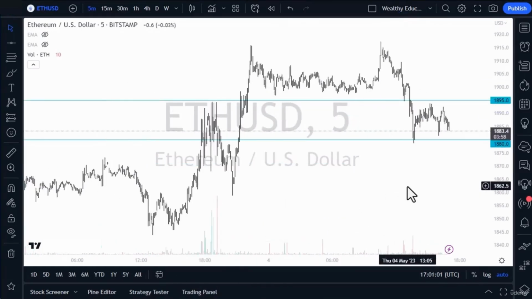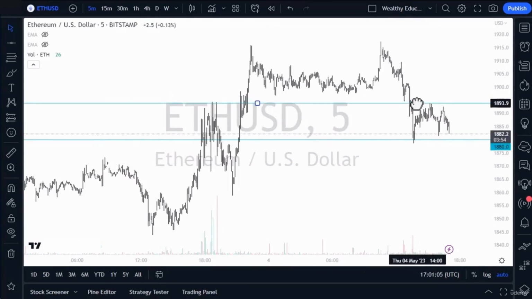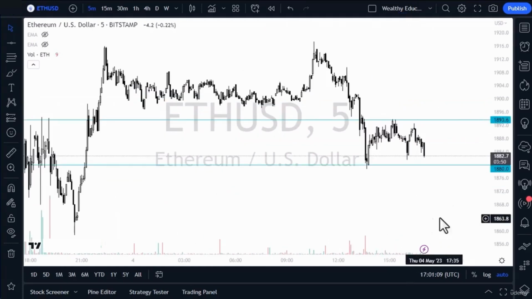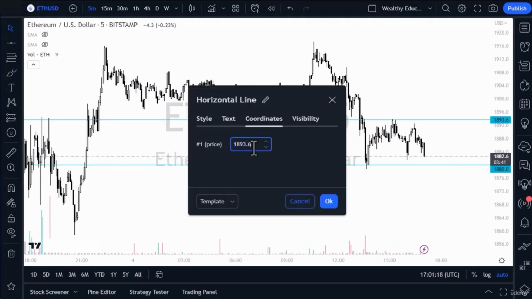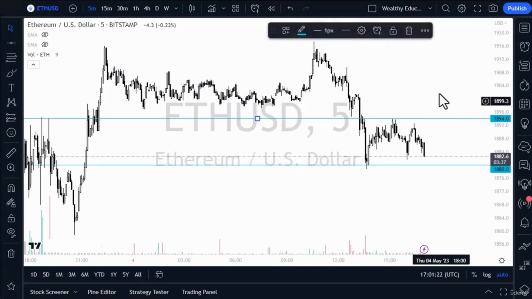So you can see what I'm looking at here. Sometimes, especially in these short-term charts, you need to tweak the levels a little bit. So maybe 1894 is a little bit closer to reality instead of 1895.